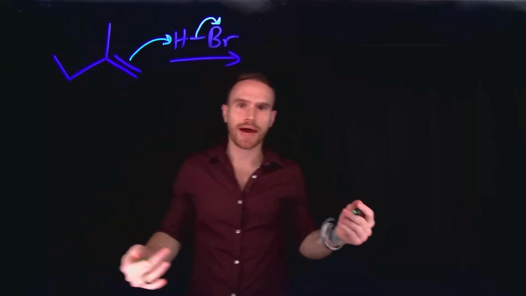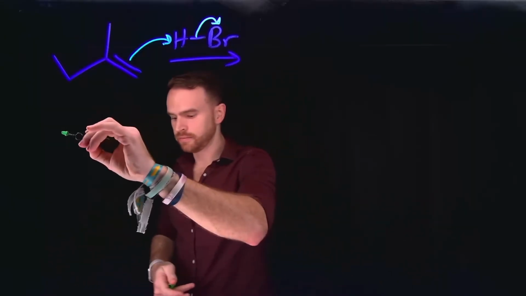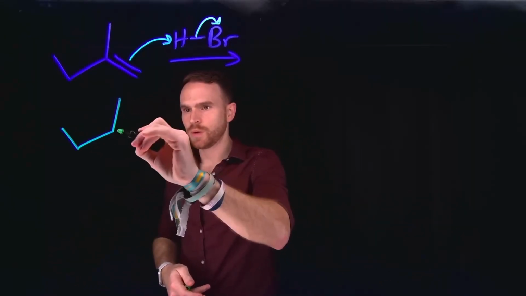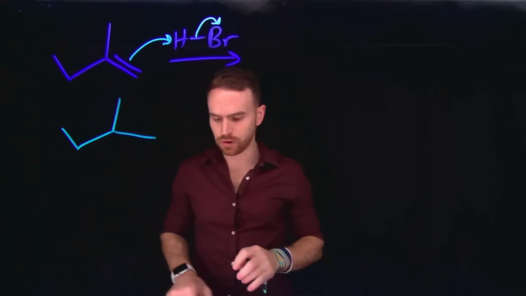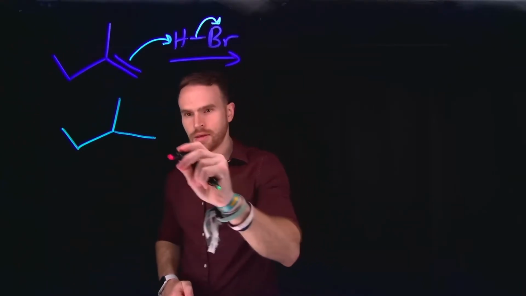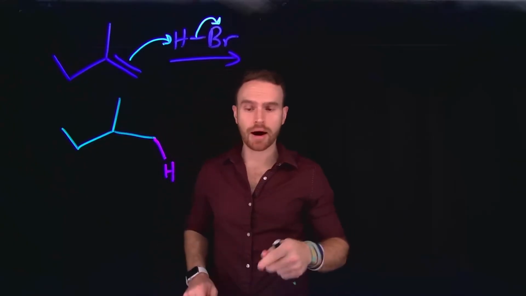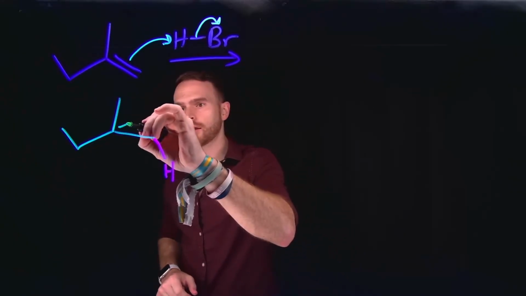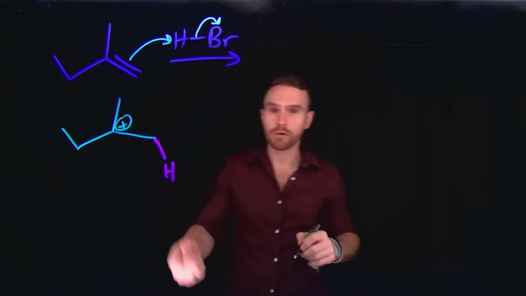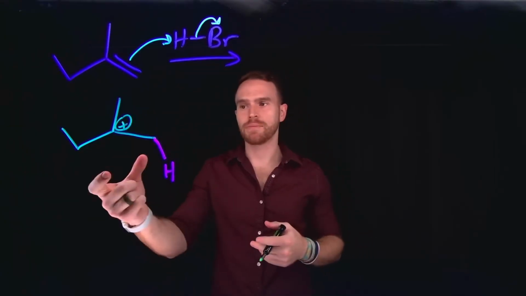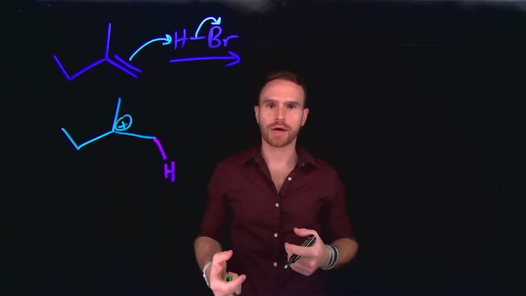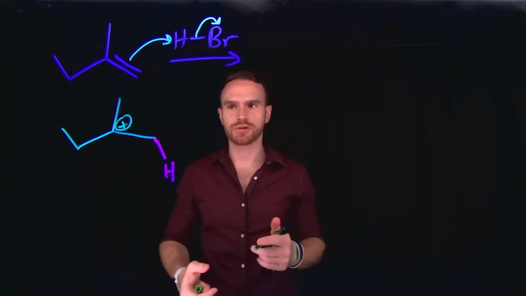And this is going to add in a Markovnikov fashion. So this means that we are placing this new hydrogen here, leaving behind a carbocation in the most substituted position.